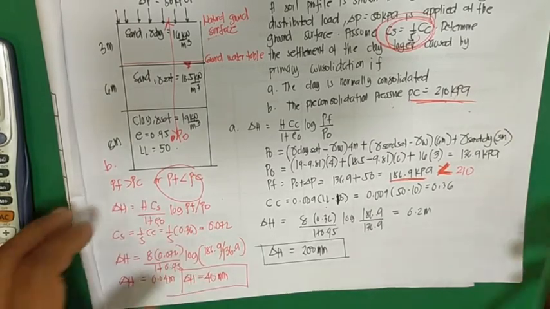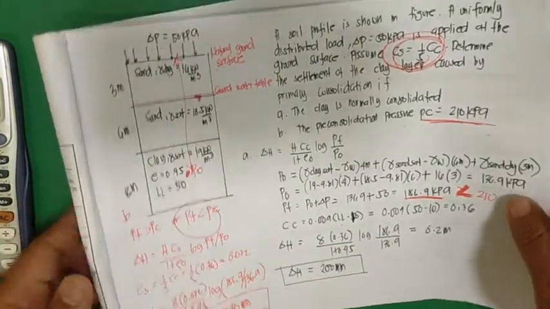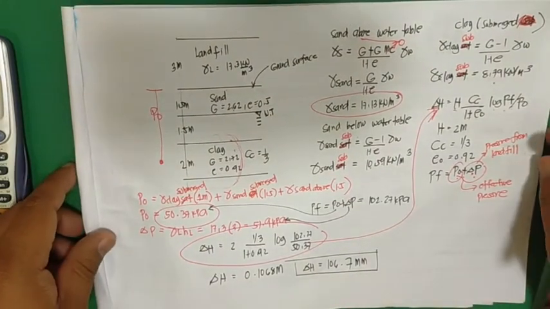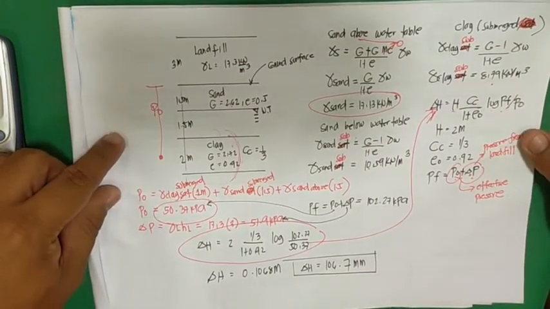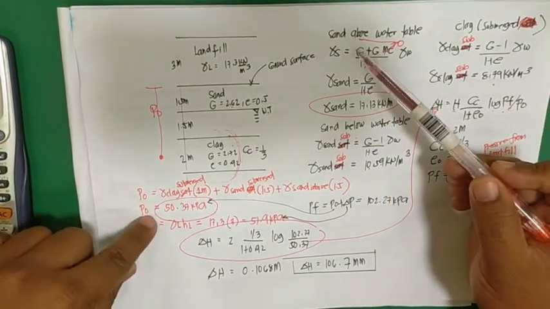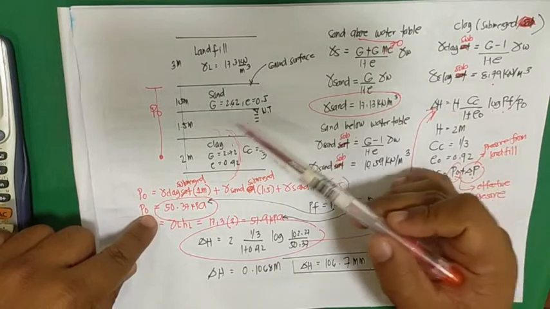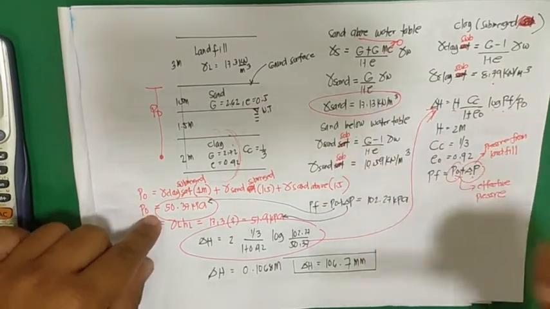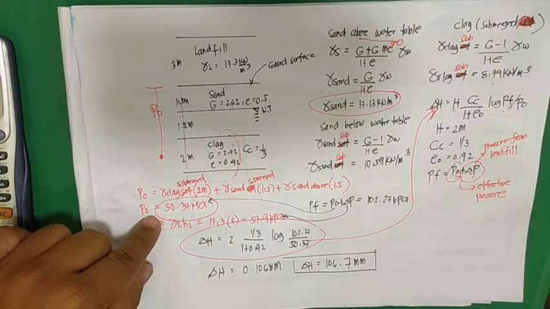Okay? So if you do not have any question, let's go back to the first problem. Sorry guys, I need to repeat this one because I made a mistake. So here, why did we use submerged? Because the given are properties. Unlike in the number 2 problem, gamma sat is the given. Okay?